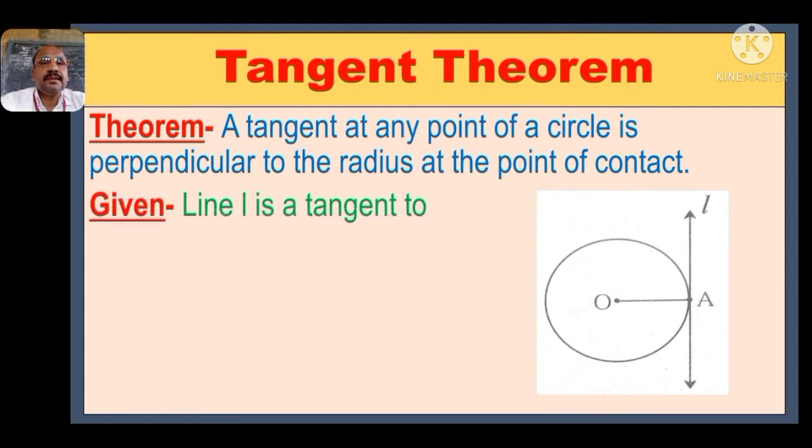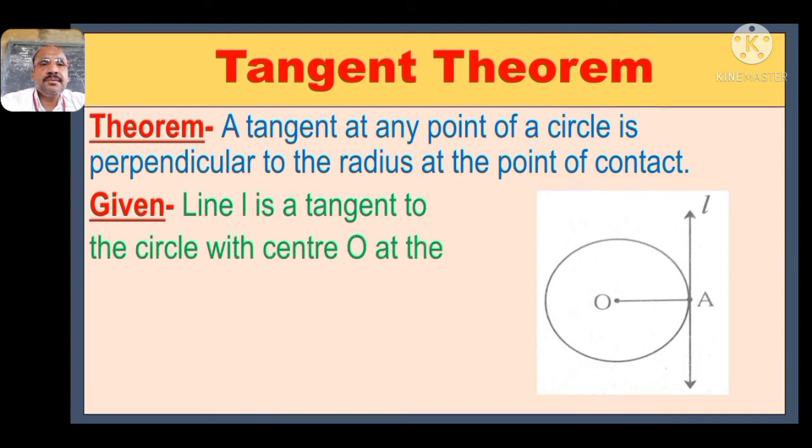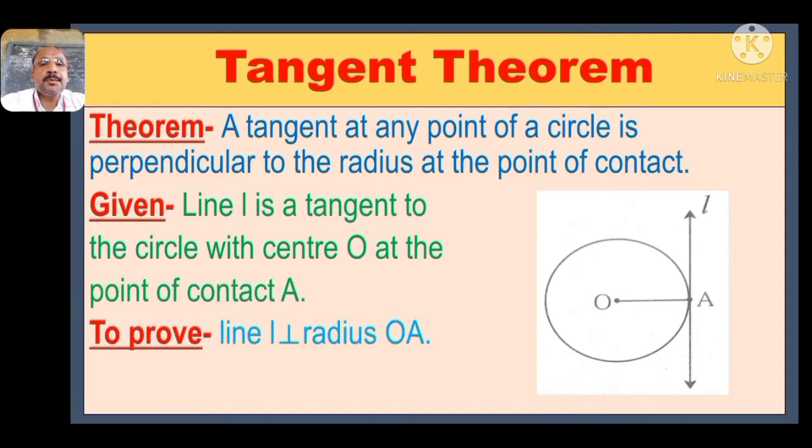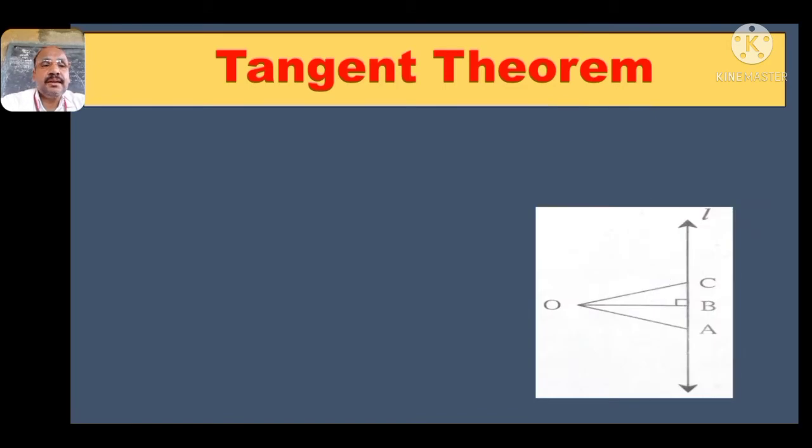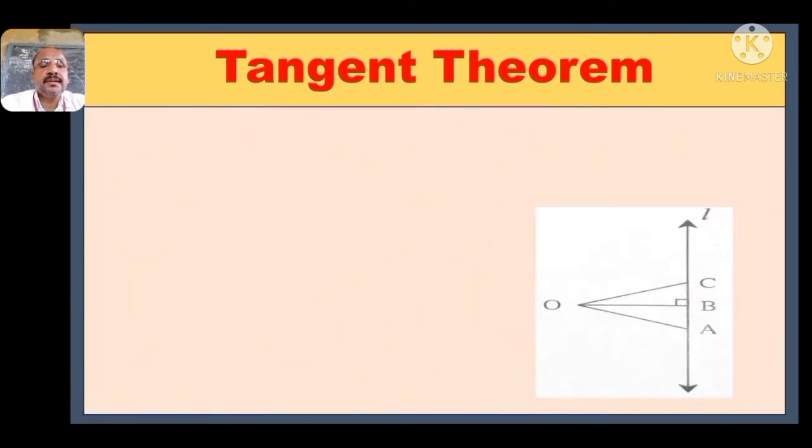What is given? Line L is a tangent to the circle with center O at the point of contact A. To prove: line L is perpendicular to radius OA. Now here the proof is an indirect proof.